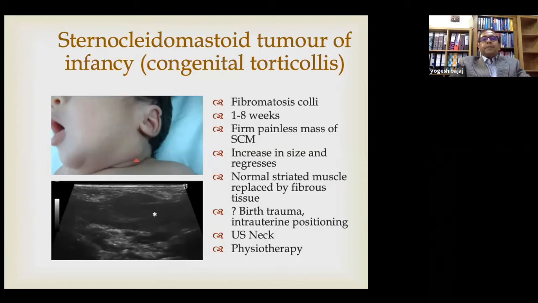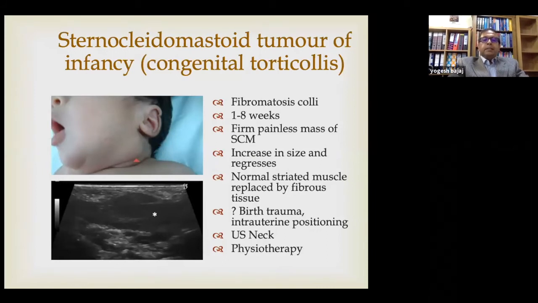So sternocleidomastoid tumor of infancy, or congenital torticollis or wry neck. The typical story is maybe a prolonged labor or a difficult delivery, and the child is just keeping his neck to one side. It's not in pain or anything. And generally they present within a month or so of being born.